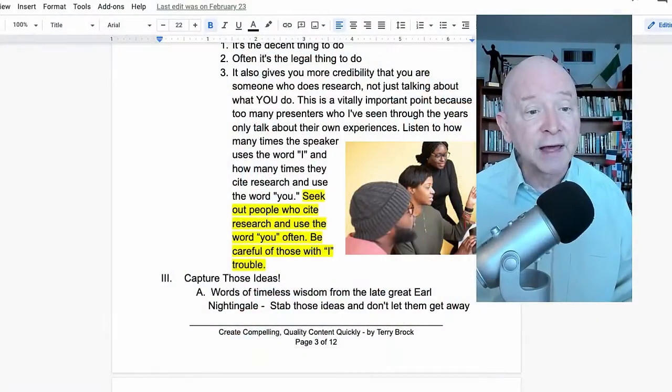Too many people, I've seen it with my dear friends who are professional speakers, they're talking about I did this, I'm doing that, I did this, here's my experience. Well, that's nice for a little bit, very little. As they say in Japan, skoshi, just a little bit of that. We don't want a whole lot of that. What we want is just enough so we know, okay, you're credible, but cite other literature, other references, and other people that you've talked to. That's going to be important.